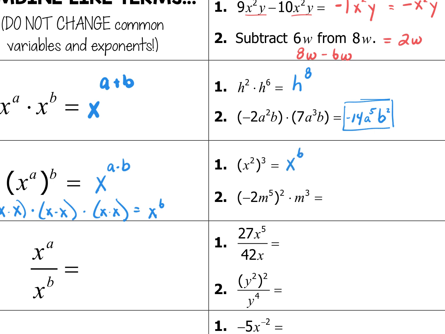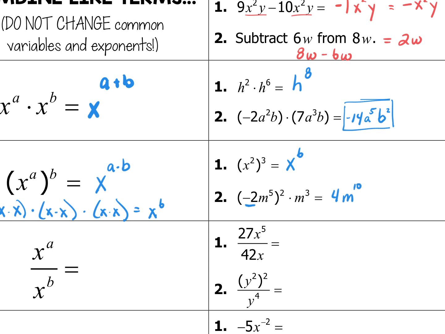Cool. All right, now when we're looking at example number 2, you're going to want to make sure you solve one term first before you move on to the other, okay? So let's do -2m to the 5th raised to the 2nd power. Well, don't forget, you still have to raise this also to the 2nd power because it is in that parentheses, all right? So -2 times -2 is +4. And then if we do our power rule, we are going to multiply 5 times 2, and we get 4m to the 10th, okay?